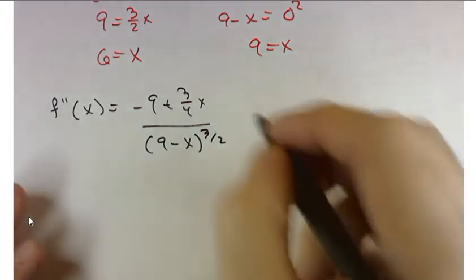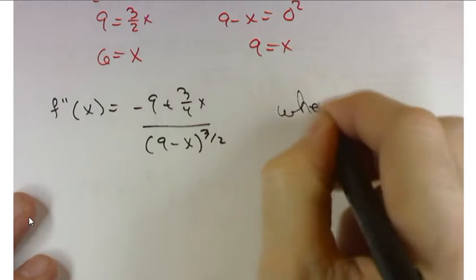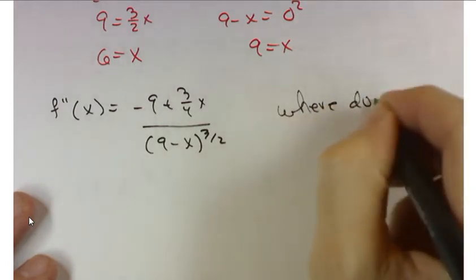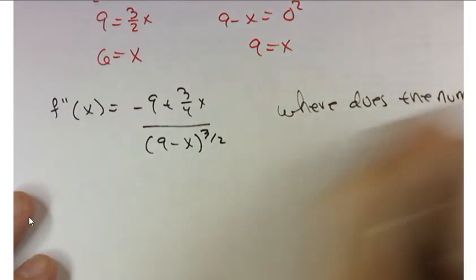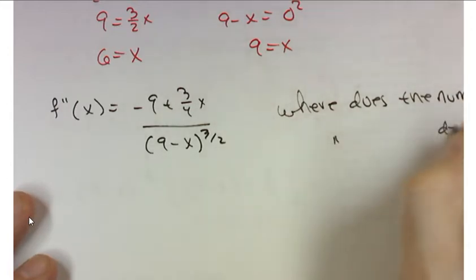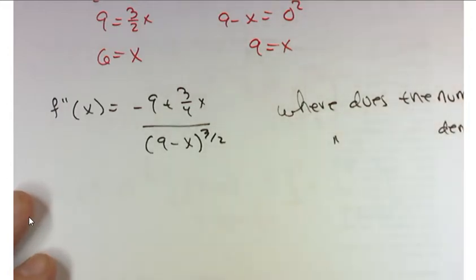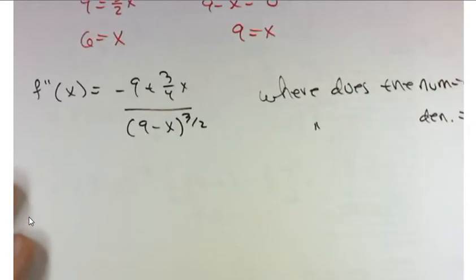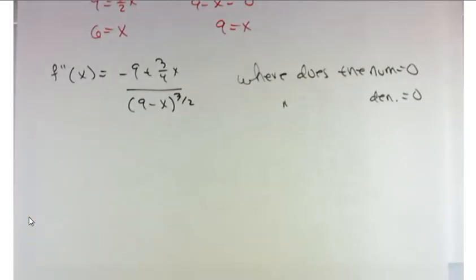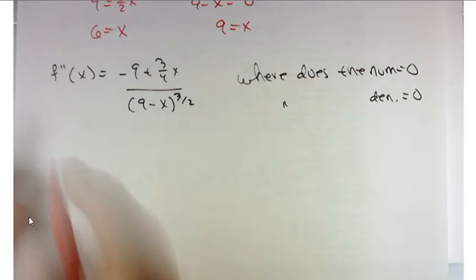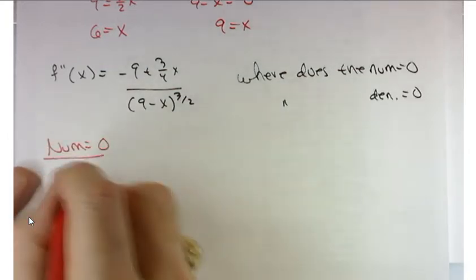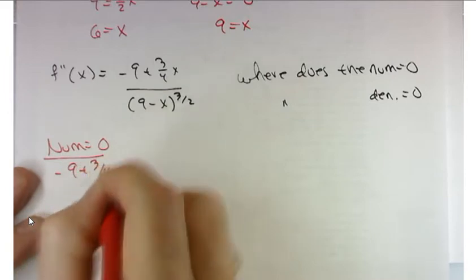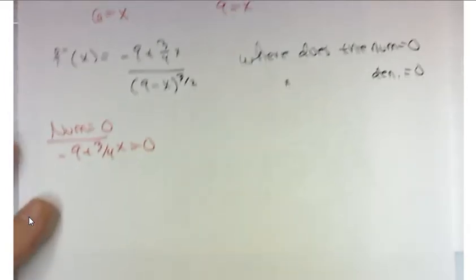Okay, so where does the numerator equal 0? And where does the denominator equal 0? So let's take a look at the numerator first. Numerator equals 0. Negative 9 plus 3/4 x equals 0.